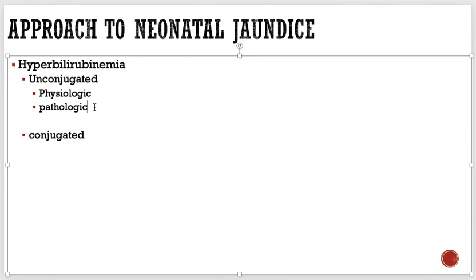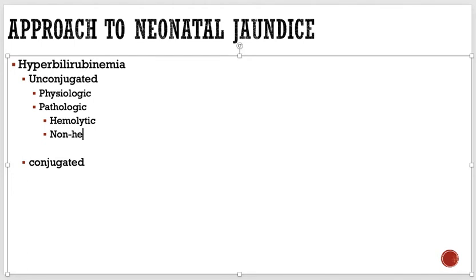Whenever we are suspecting pathological jaundice, there can be a number of reasons due to which it can occur. For example, hemolysis, in which case we call it the hemolytic type of pathological jaundice, or non-hemolytic.